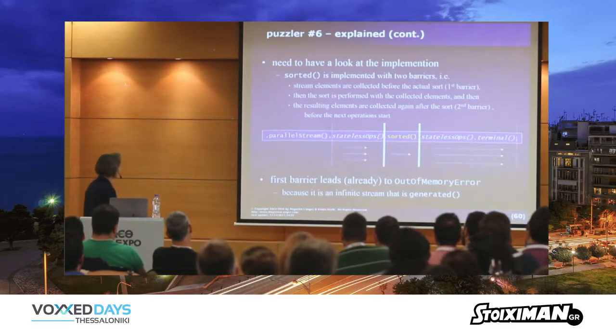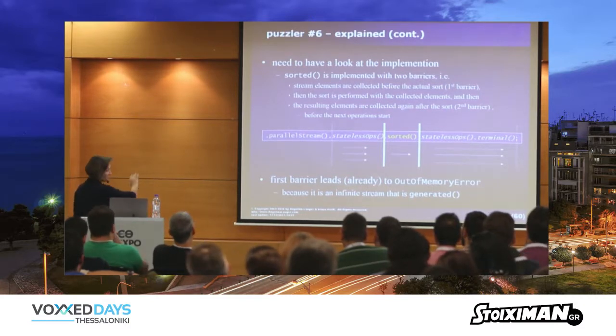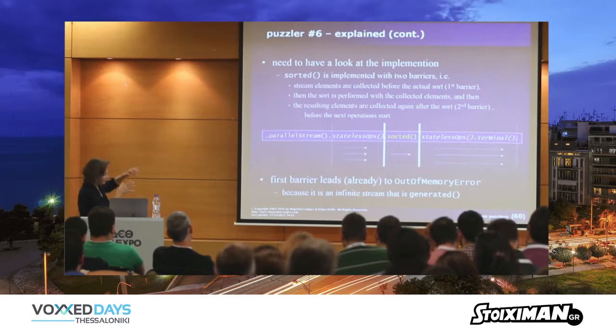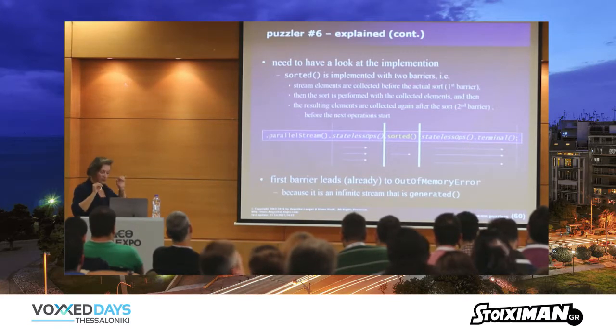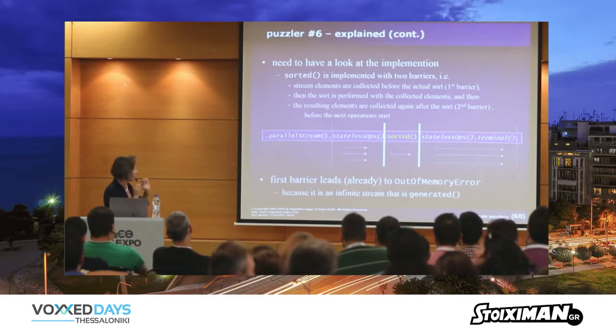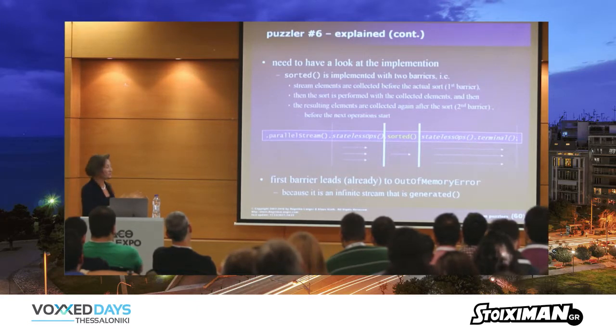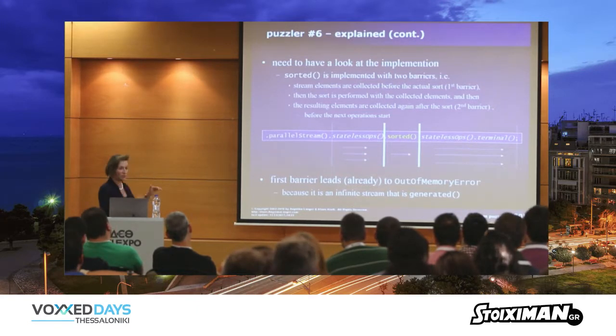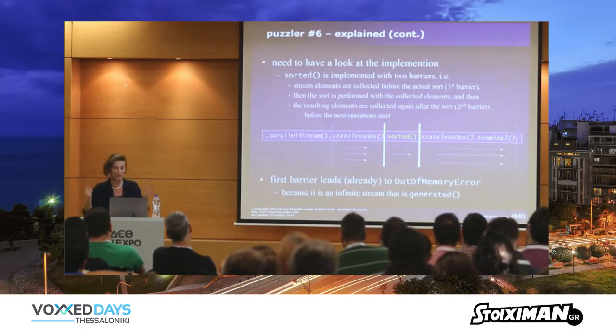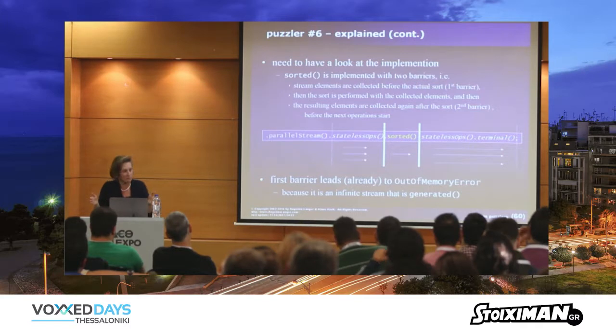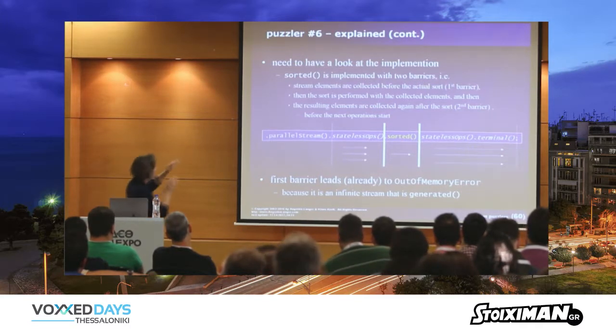So if you have a sequence of stateless operations on a parallel stream, all these stateless operations are really executed in parallel, and then the result of these stateless operations, like a filter or mapping, for instance, goes into a barrier. The barrier basically is an array. So the result of the first intermediate operations goes into an array, then sorted takes that array, sorts it using a parallel array sort, and the result of sorting goes into yet another array.